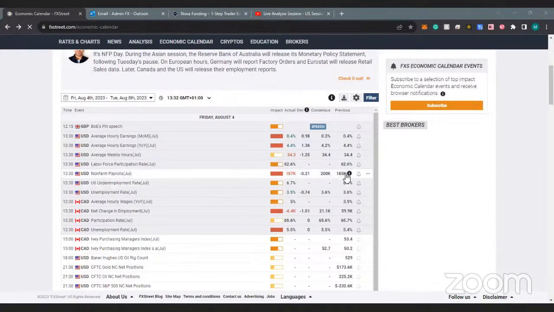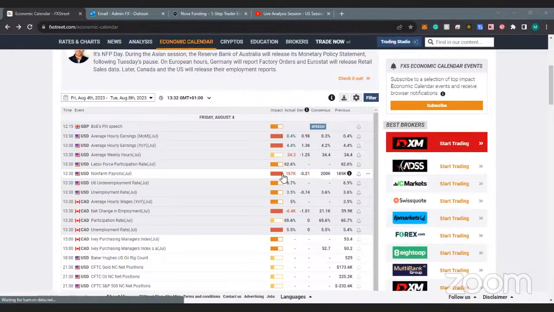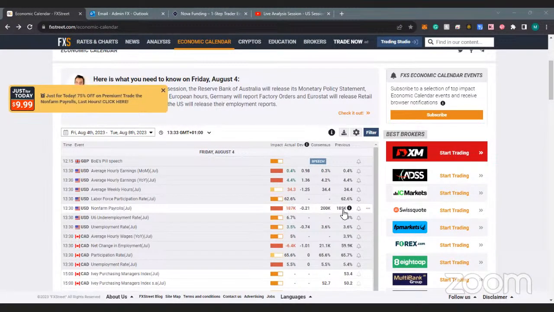Now you see this revision thing is pretty annoying, but that's what it is. The revision is that the previous was 185. The news is better than the previous, but not better than expected. And remember, the ADP was better than expected, but not better than the previous. So you can see how ADP and non-farm payrolls can be similar, which is basically a similar result in a sense.